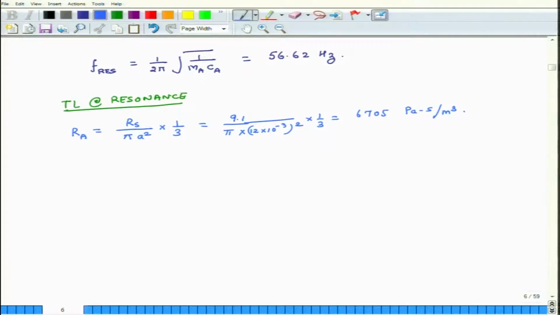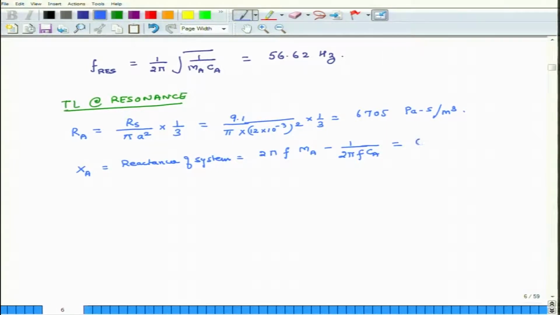The second thing we have to compute is XA. Now, what is XA? XA is the reactance of the system, and this is equal to 2 pi f ma minus 1 over 2 pi f Ca. Now, if you think about mechanics or electrical engineering systems, the reactance of any system at resonance point is 0.